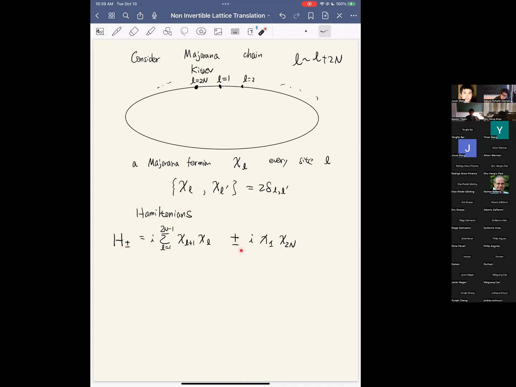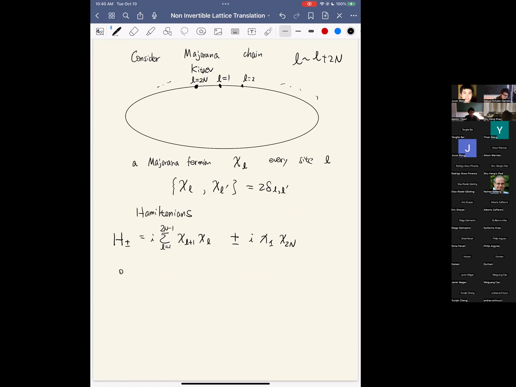H minus is the one where we flip the sign at the last term here. Okay, so these are 2 different Hamiltonians. And the same comment applies here to the Majorana chain, that we can consider deformations of this model, and we did. But I'm not going to write those deformations down in the talk.